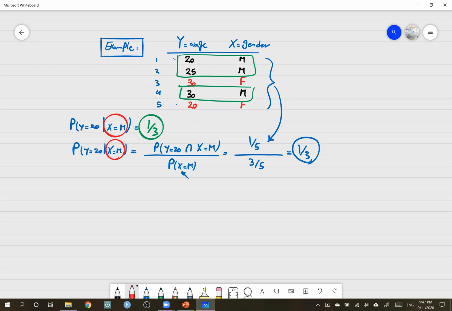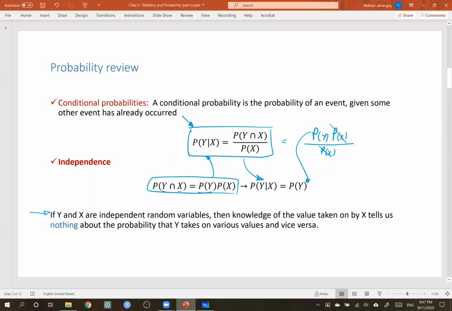That's simply it, right? Now that we know what conditional probability is, let's explore our first definition of independence, which is strong independence. Remember, we have 3 types of independence. The first one is strong independence, which leads to weak independence, which leads to zero correlation.